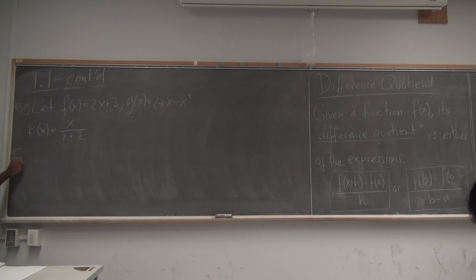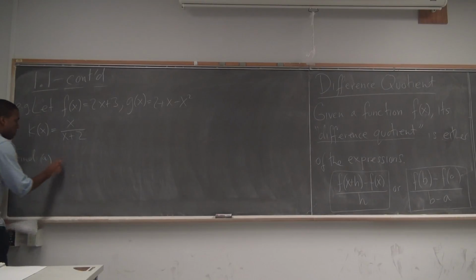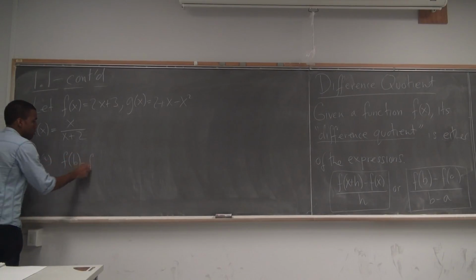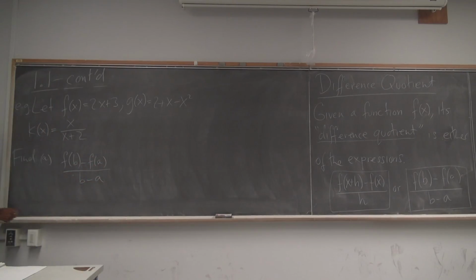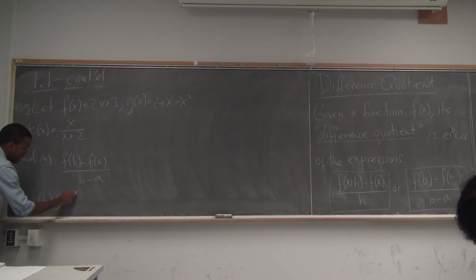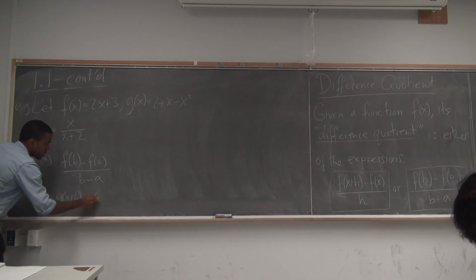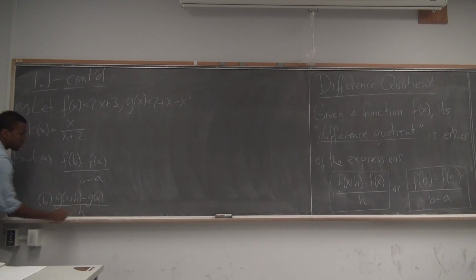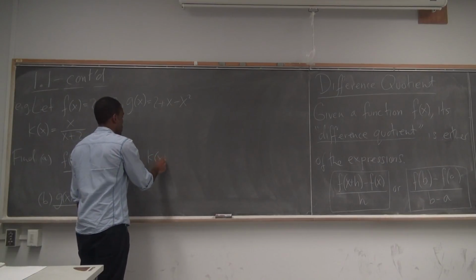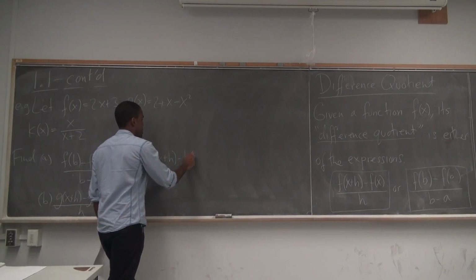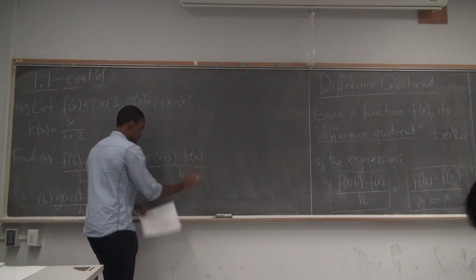Find a, f of b minus f of a over b minus a. b, g of x plus h minus g of x over h. c, k of x plus h minus k of x over h.